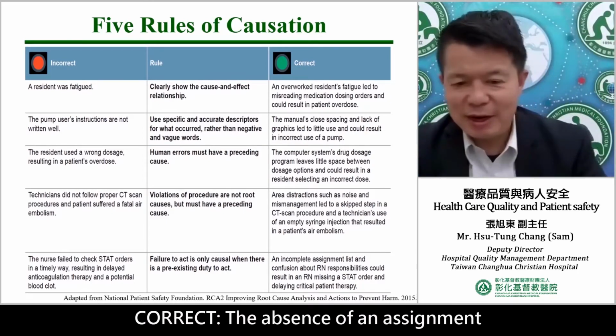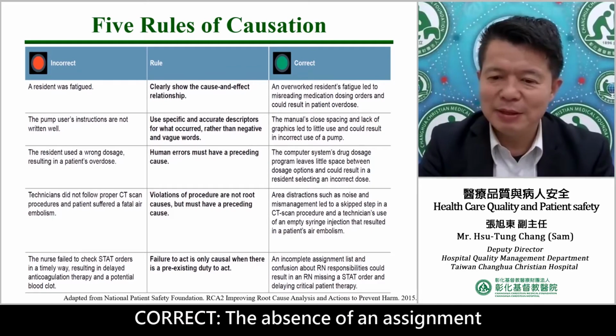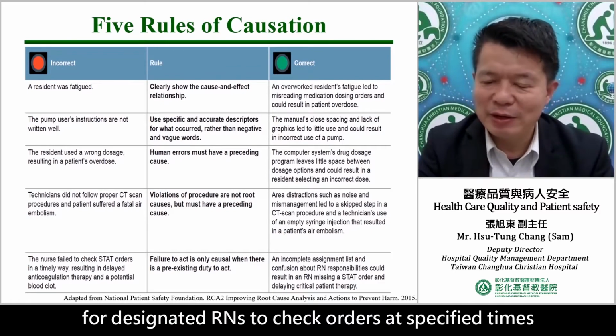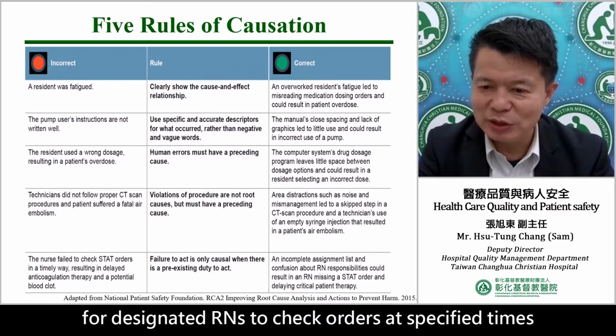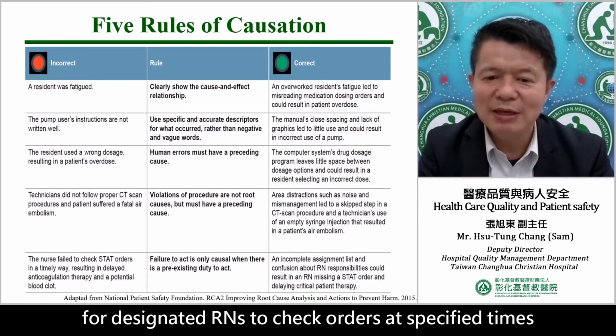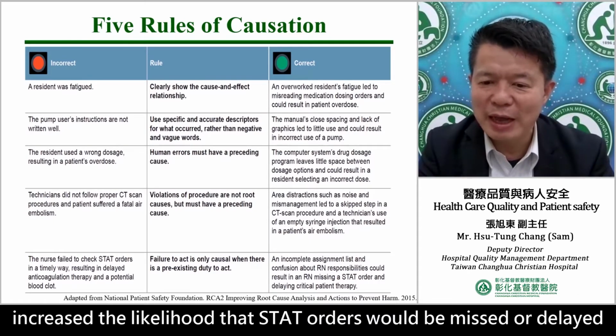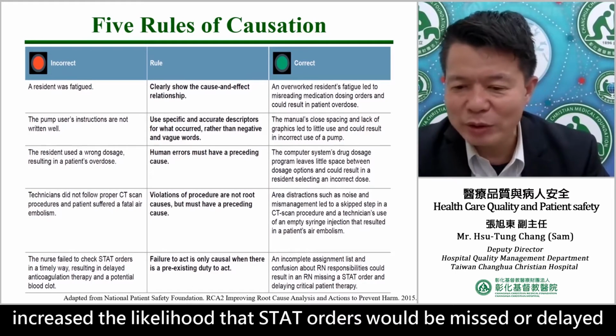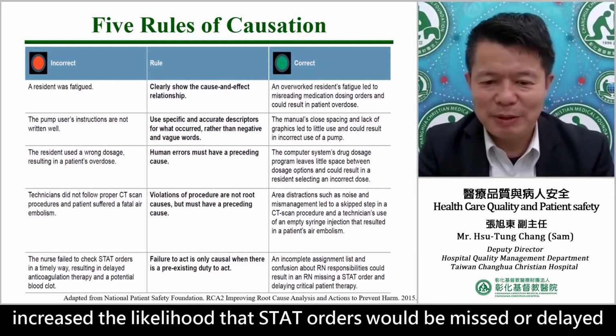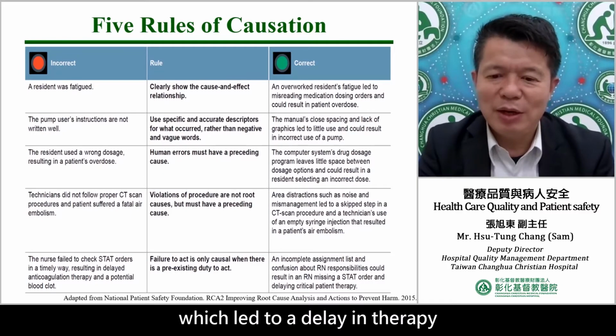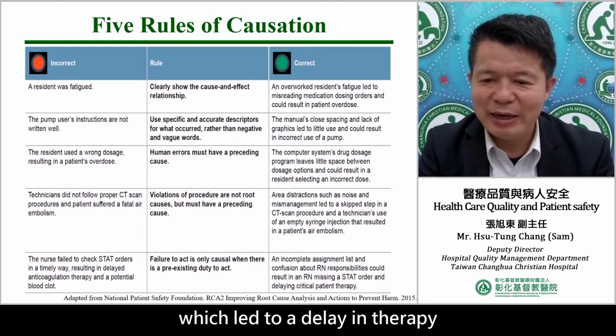Correct: the absence of an assignment of a designated registered nurse to check orders at specified times increased the likelihood that stat orders would be missed or delayed, which led to a delay in therapy.